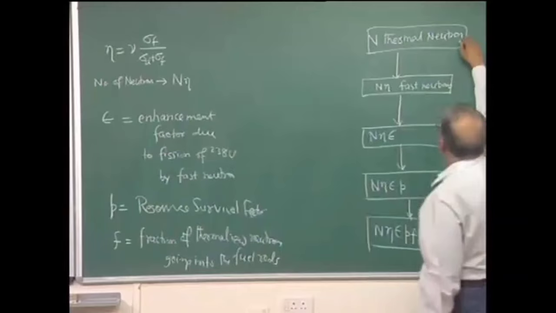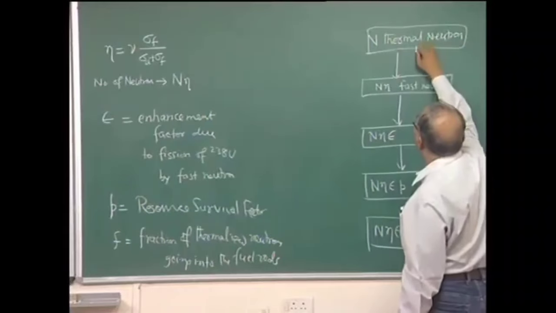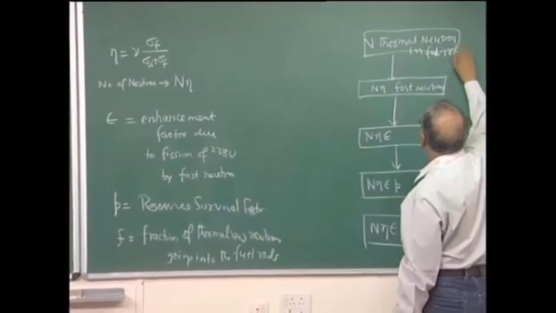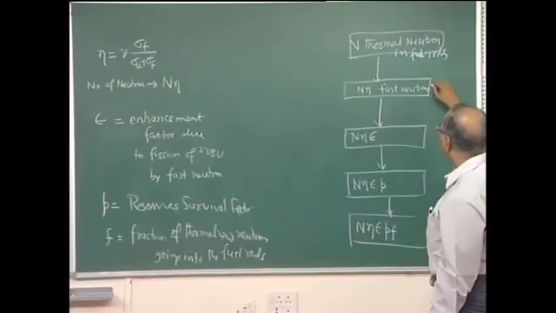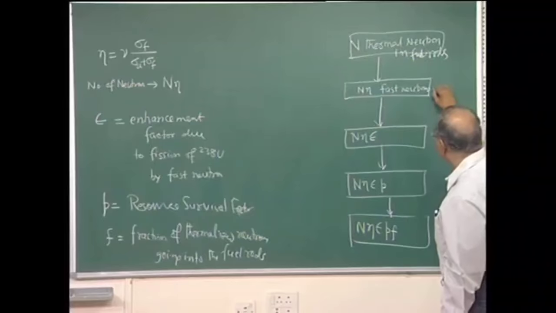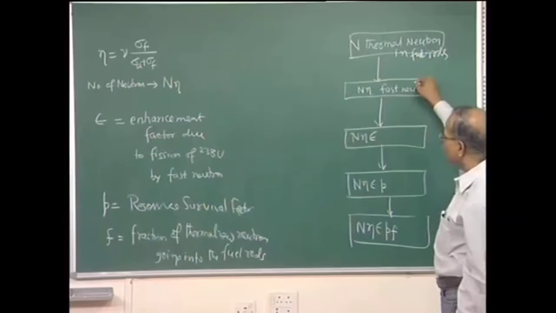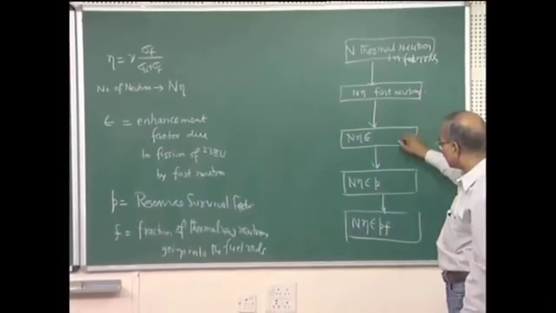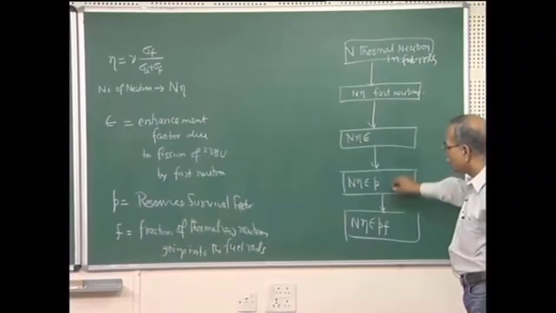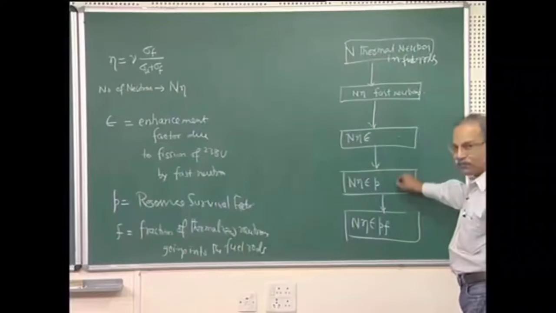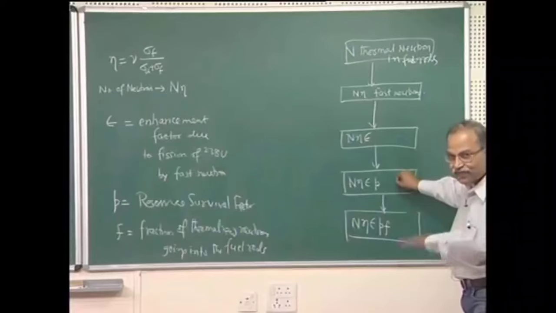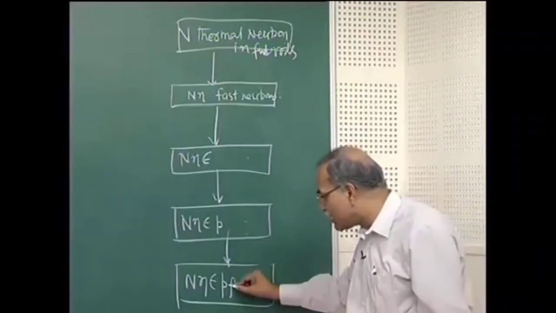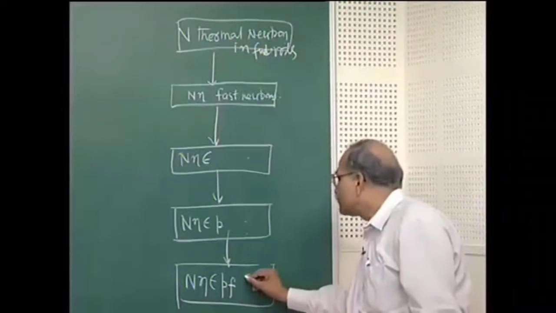So, these were the N thermal neutrons in the fuel rod, and then here you get fast neutrons, this is in the fuel rod. Then here it is epsilon, the enhancement factor, fast neutrons enhance the things. Then the part of it goes into the moderator and survives that resonance peak, that is p, and finally the fraction f goes into the fuel rod.